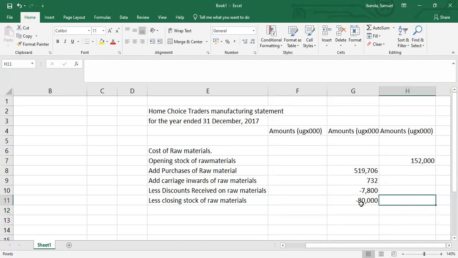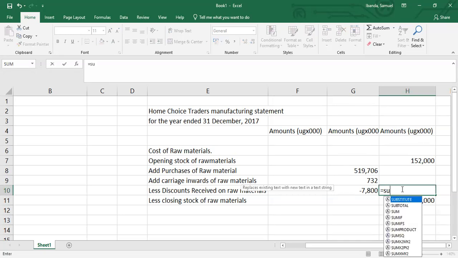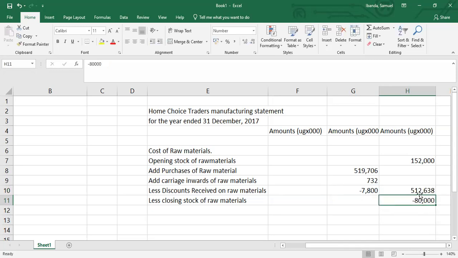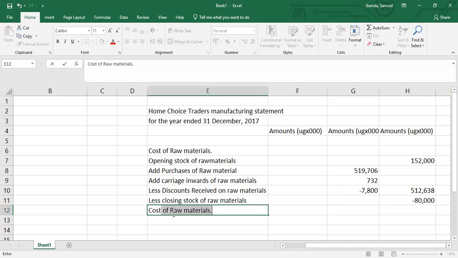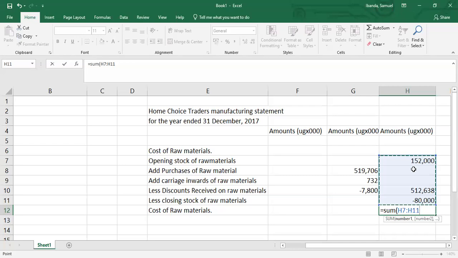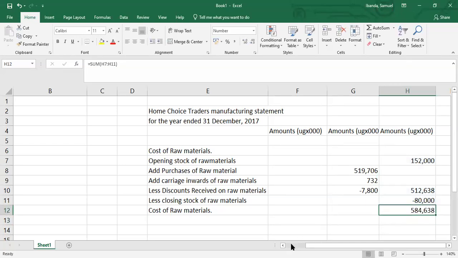You can now make adjustments right here, or let this amount be here, and then the adjustment of purchases after you less up all these gives you that, then less that will now give you your cost of raw materials, which is basically, I'll just add up since I've already put the signs, which is that. So it gives you 58,468. That is your cost of raw material, okay?